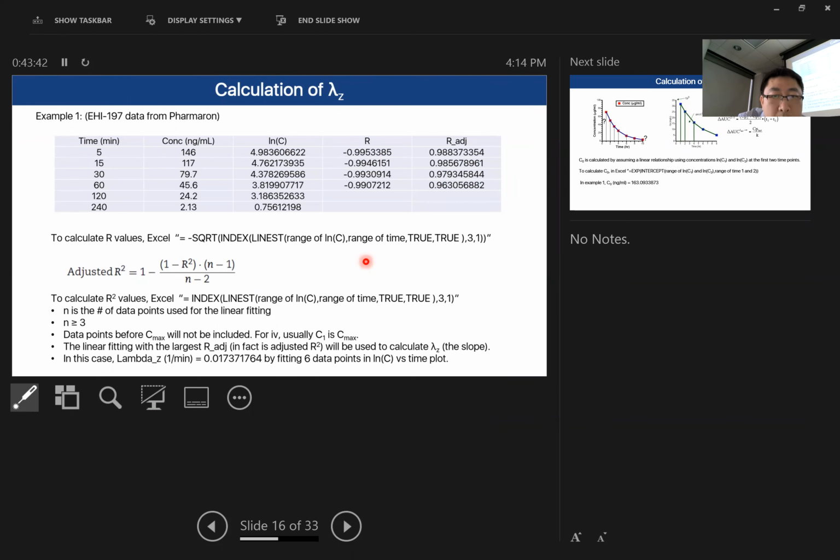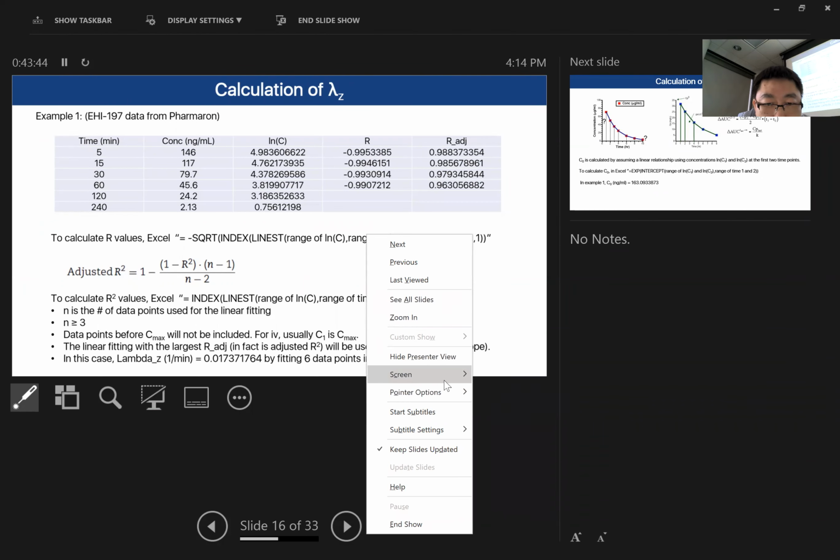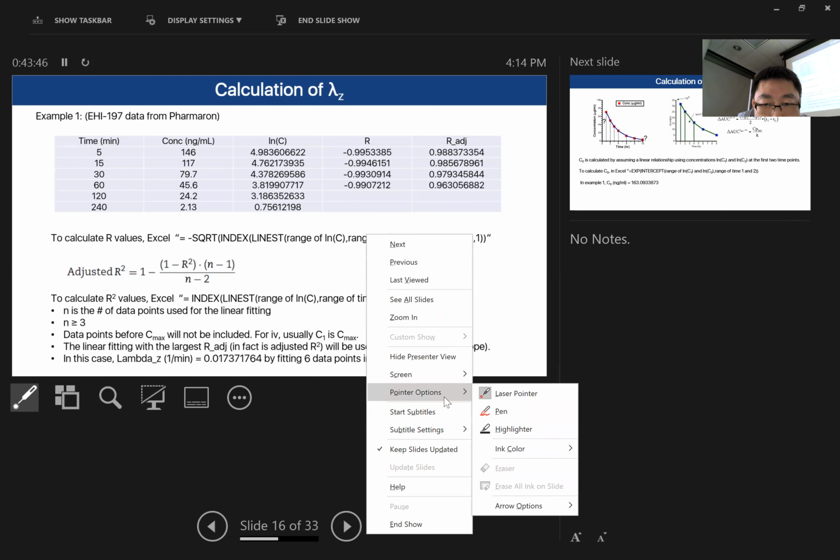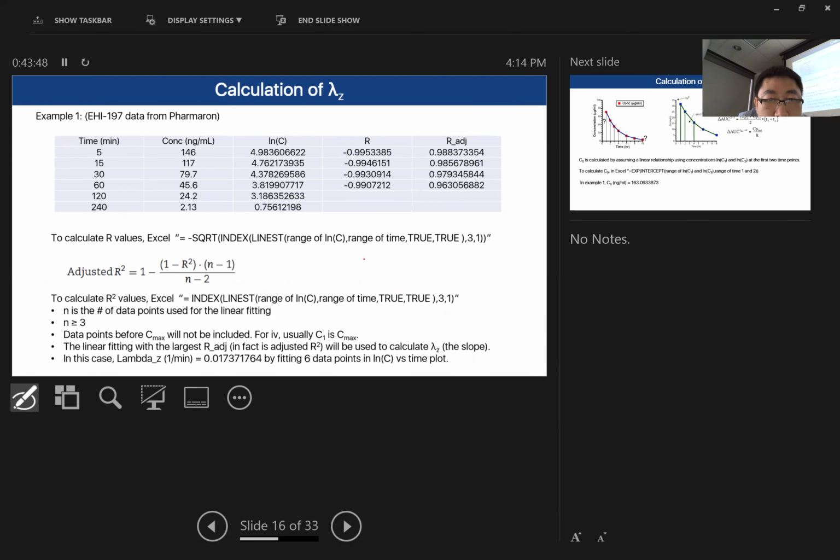I think, oh, maybe I can do this one, right? Can I use a pen here? Yeah, like this. You can see now, right? So we can have data points here, here, here, here, and here, for example, right?